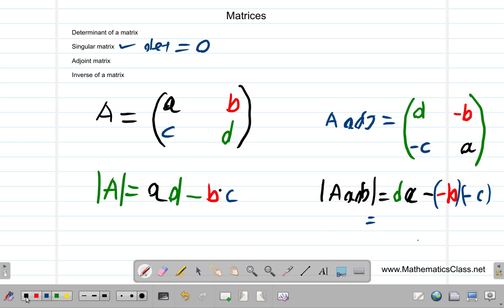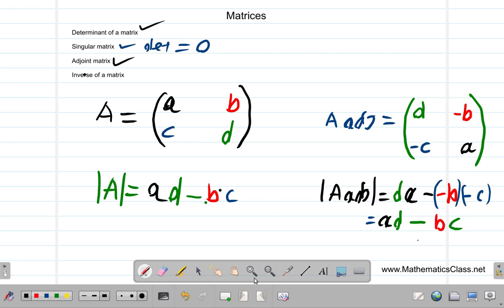This is the same as DA is the same as AD. So that is AD minus, when you multiply -B and -C, you get a positive. So it's B multiplied by C. So it's the same determinant that they will have. You see that? So now, we've looked so far at the determinant, the singular matrix, and the adjoint. Make a note of it.